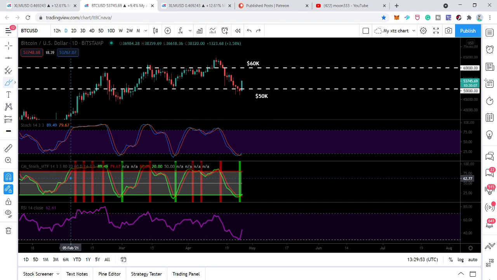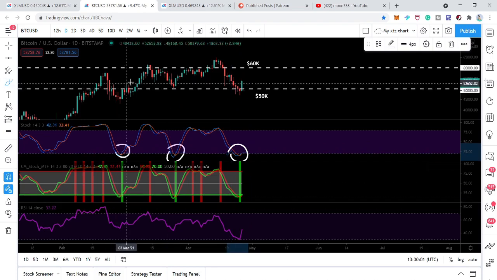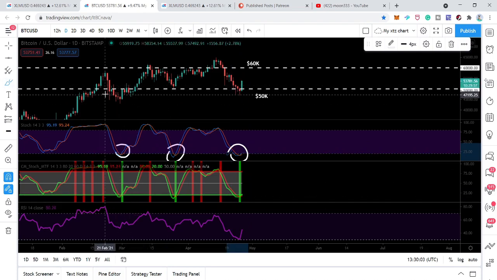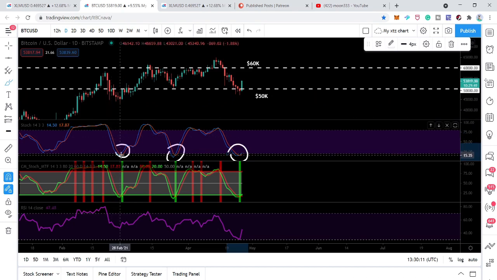Now, you can see that whenever the stochastic entered the oversold zone and the price line was moving very close to the $60,000, for example, here the price line even broke down the $50,000 level, and the stochastic gave us the bull cross.